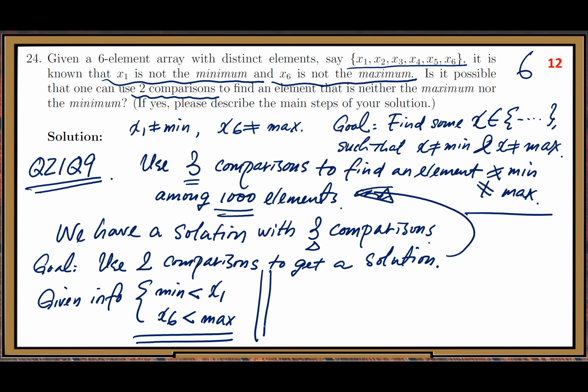You need to complete the remaining part with two more comparisons. You have to use them in a wise, smart way. Do not waste them. Those two comparisons are very precious.